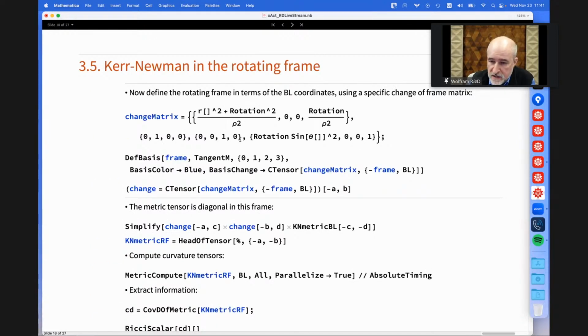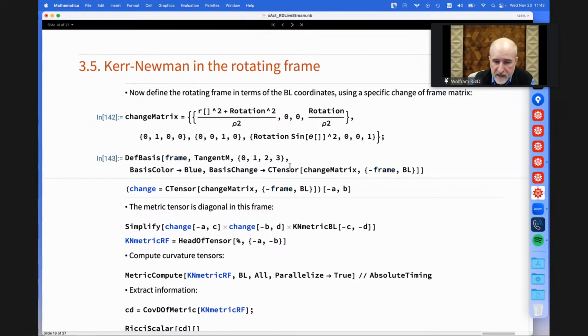Let's do a change of base, something also important. So we have been working so far with coordinated bases, but now we are going to change to a base in which the Kerr-Newman metric becomes diagonal, which is very useful. So we know this is the metric of basis change. And what we do is define a new frame, which is now going to be colored blue.